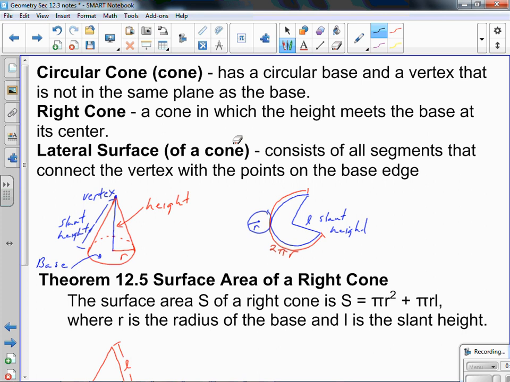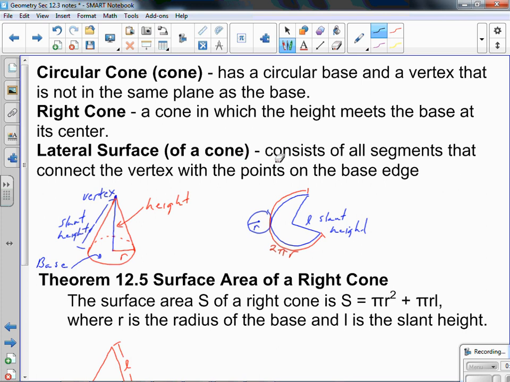Alright, so cones, or a circular cone, has a circular base and a vertex that's not in the same plane as the base. So you've got a circle and then some vertex that is above that circle somewhere. A right cone is a cone in which the height meets the base at its center, just like a right pyramid. The height hits the center of the circle.